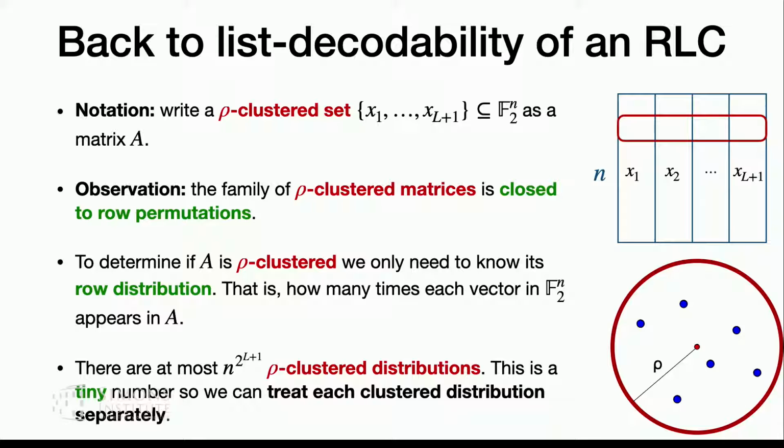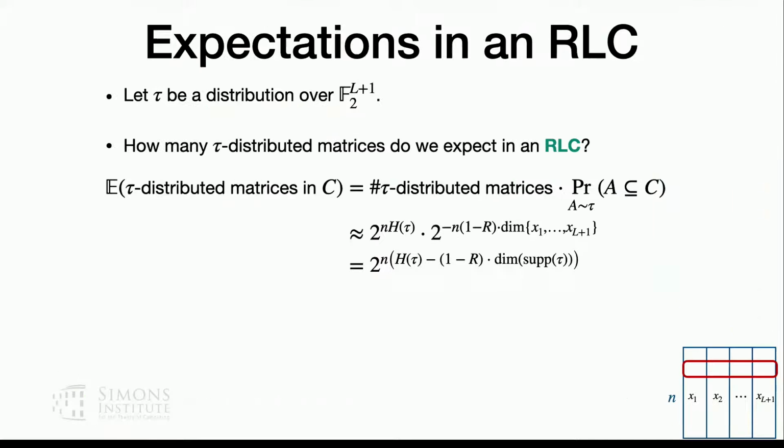Okay? So now the witnesses have a bunch of bad distributions, and the question is, for a given one of these distributions, can we show that a random linear code with high probability does not contain any matrix with that specific row distribution? Where again, containing a matrix is containing its columns.